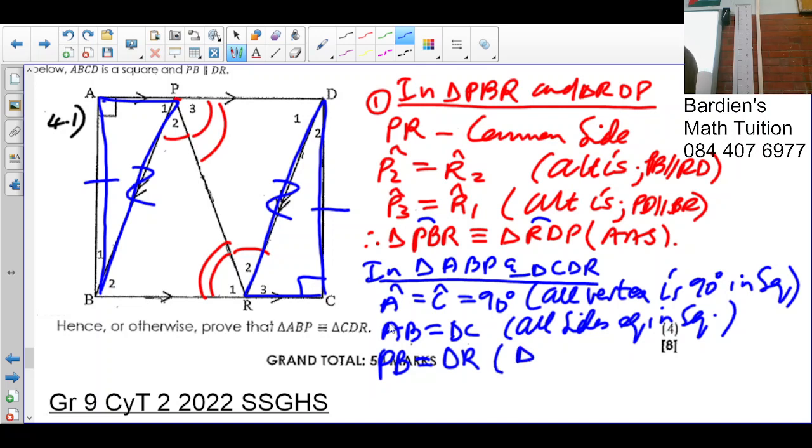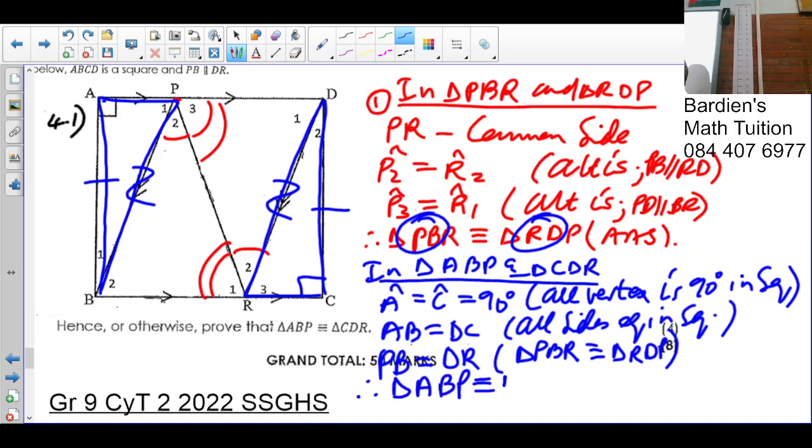Because triangle PBR is congruent to triangle RDP. We have proven this here now. So on this account, those lengths are equal. Okay. Now we conclude, therefore, triangle ABP is congruent to triangle CDR.